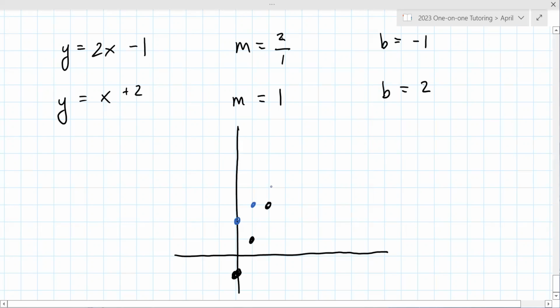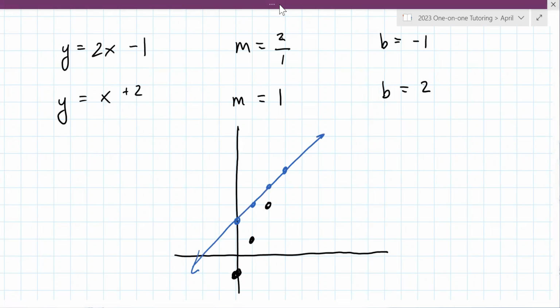Up 1 over 1, up 1 over 1, and you can see they're converging. So on 3, 5. So 3, 5 is the intersection. Yes, very good.